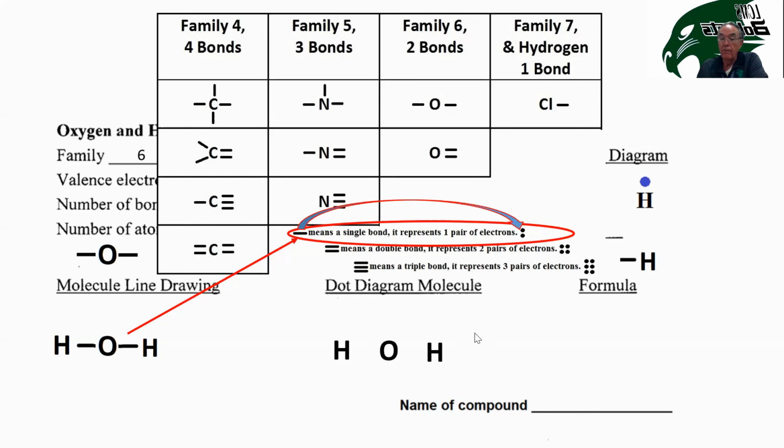So it's 1 electron from the hydrogen and 1 electron from the oxygen, and they're sharing. So it goes in between. So it's bonding them together as that sharing of electrons. So we're going to put in a pair of electrons for this bond and a pair of electrons for this bond. So we have a pair of electrons for that bond and a pair of electrons for the other bond. Okay? And that's what these single dashes mean. We need a pair of electrons.